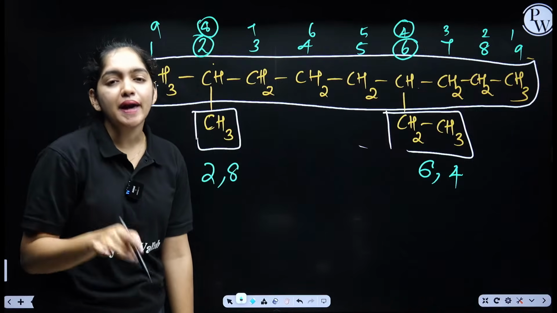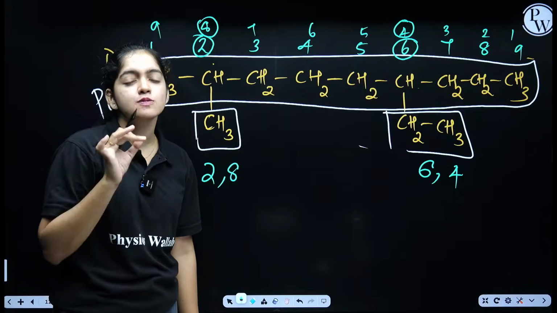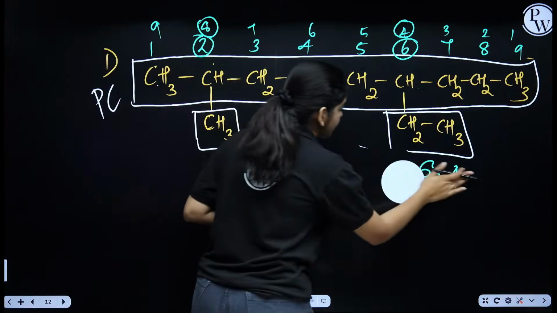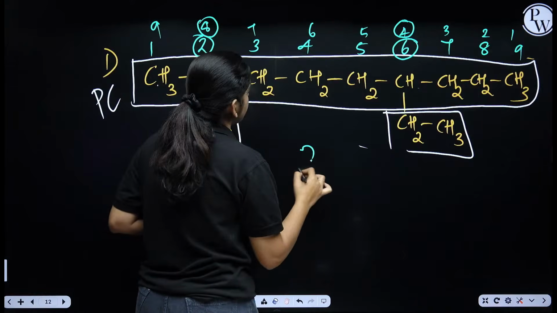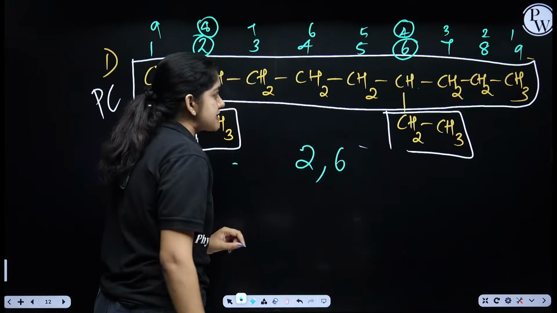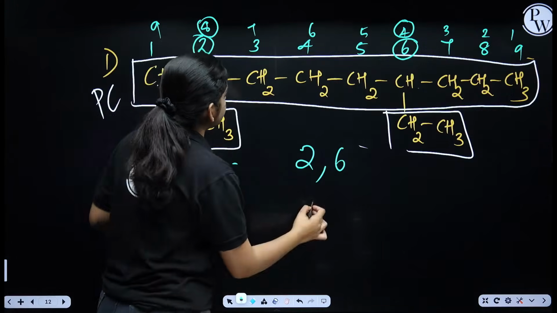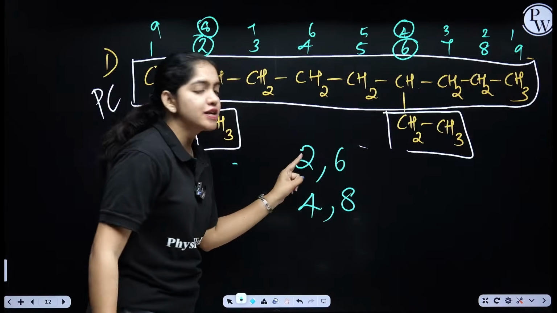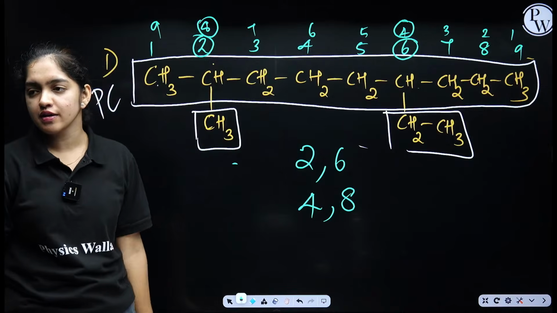Now compare the numbers. We should take the smallest numbers. We got two sets of numbers: the first case 2 and 6, and the second case 4 and 8. Which is the smallest one?